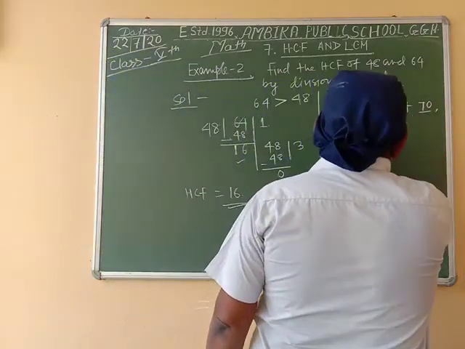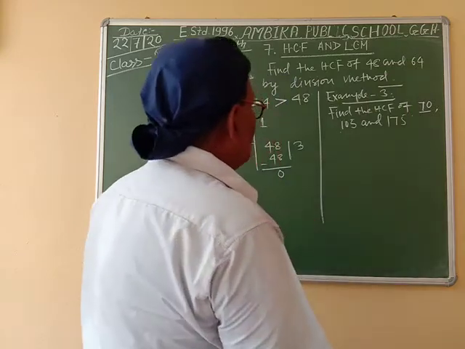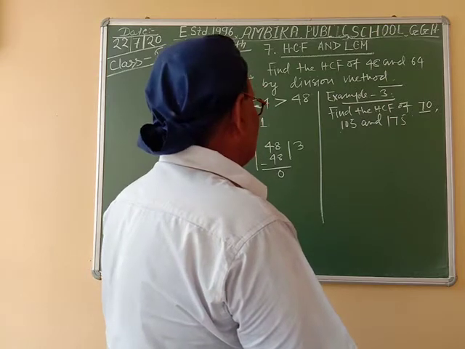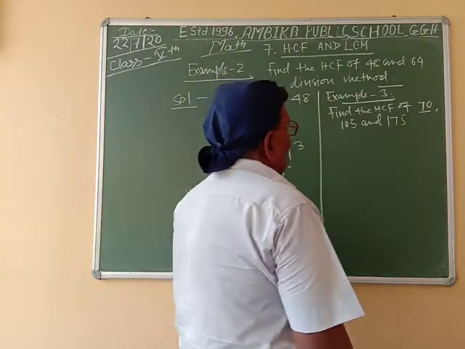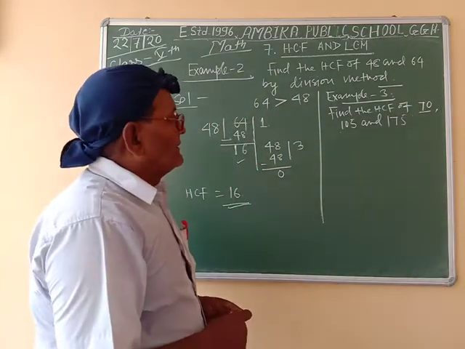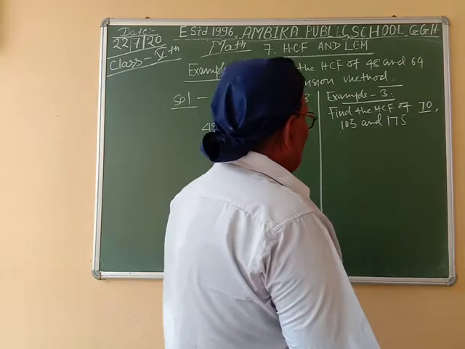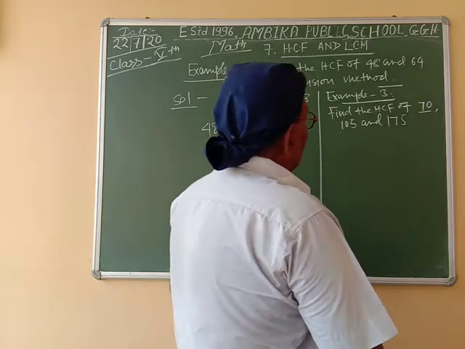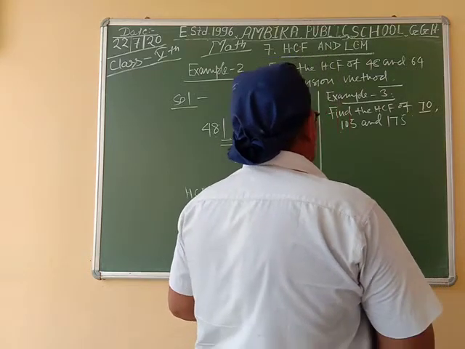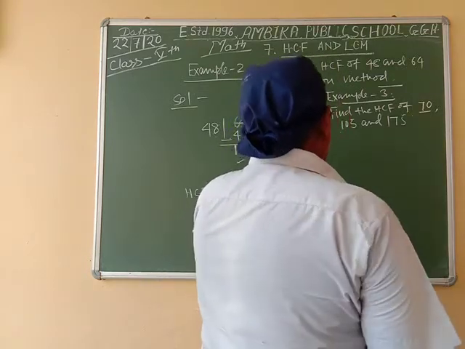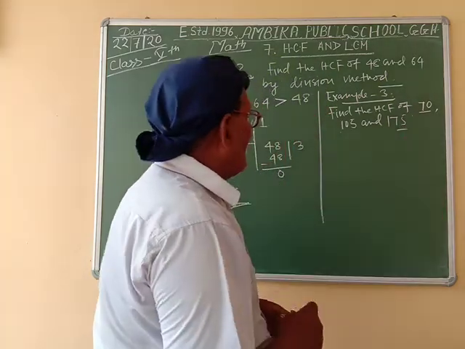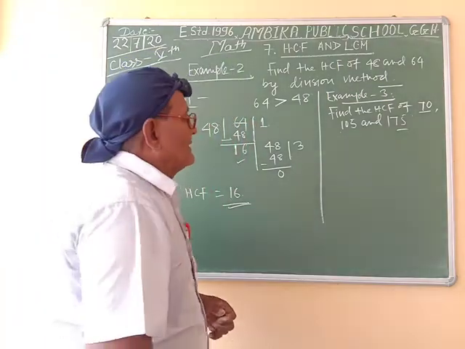Similarly, here in example 3, first of all we find the HCF of two numbers, and after that we continue our process again. The last divisor will be the required HCF.